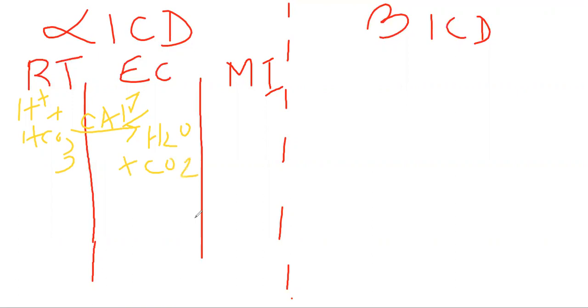These H2O and CO2 immediately react with each other via the carbonic anhydrase type 2 enzyme and produce hydrogen ion as well as bicarbonate.